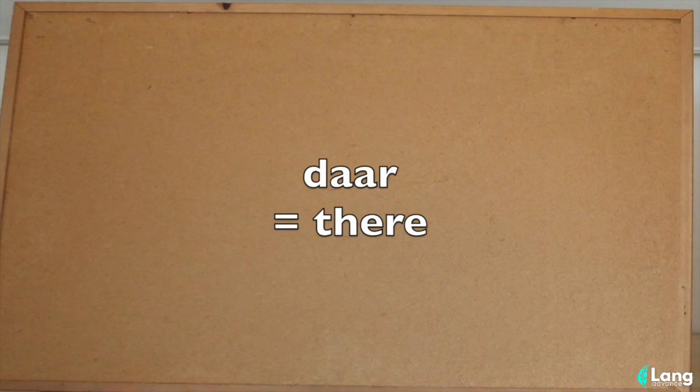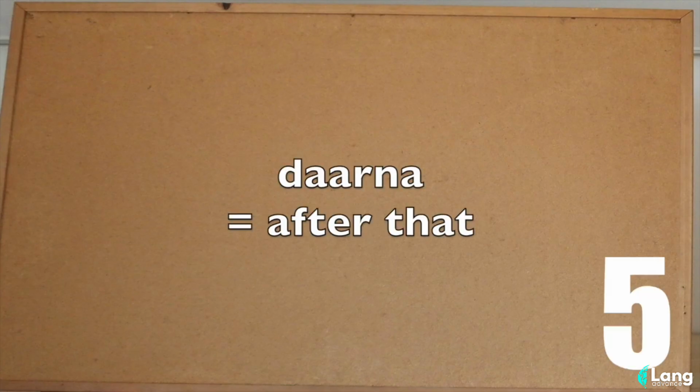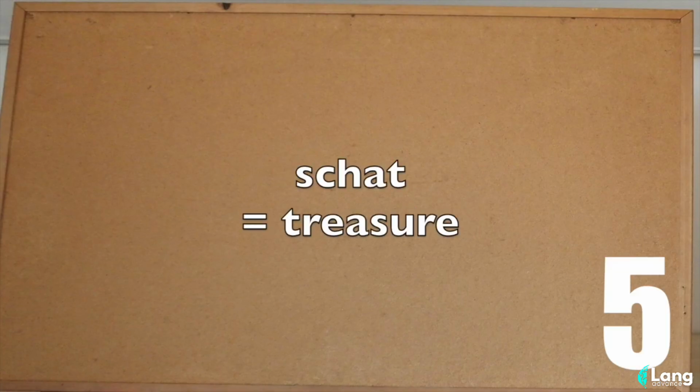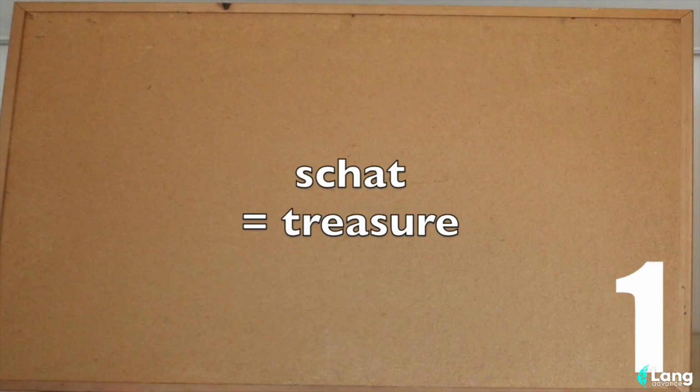So if you want someone to go somewhere, you say there, and you use daar. Daarna means after that. De schat means treasure. You can also use it as a pet name to your partner.